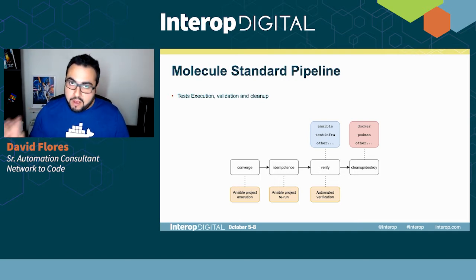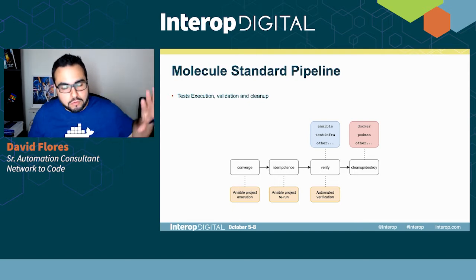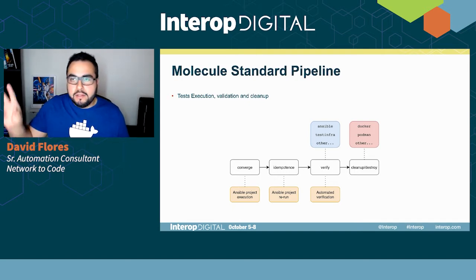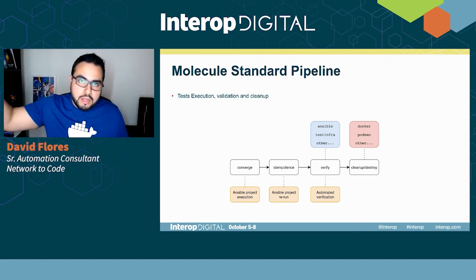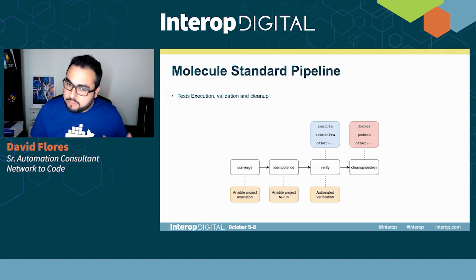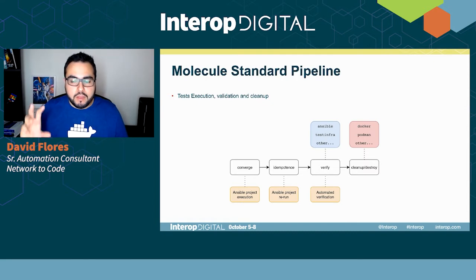Then there is the verify phase, which is basically a set of Ansible playbooks that you can define to validate the end state of your environment. Or let's say that you're saving some information on an external data system, you can call that and verify that it is what you expect. And then there's the normal cleanup and destroy phase.